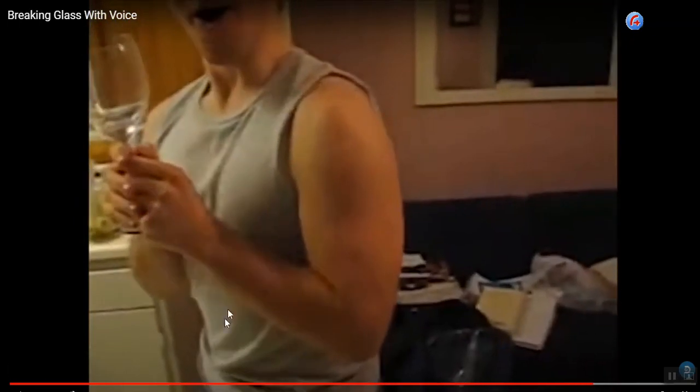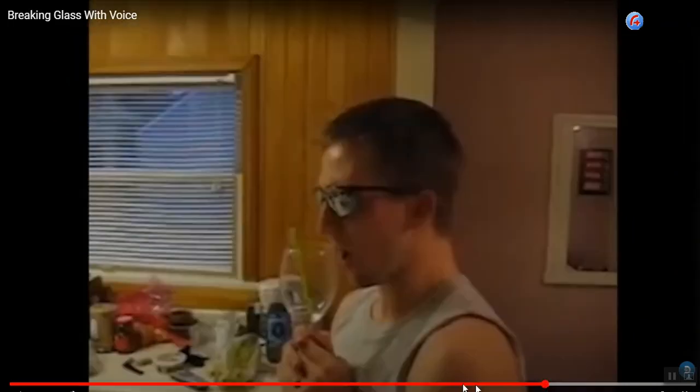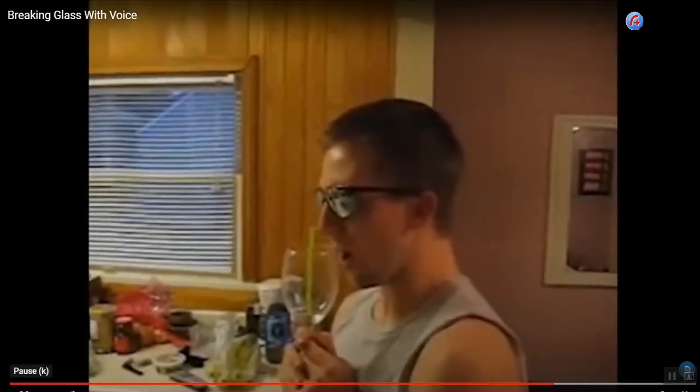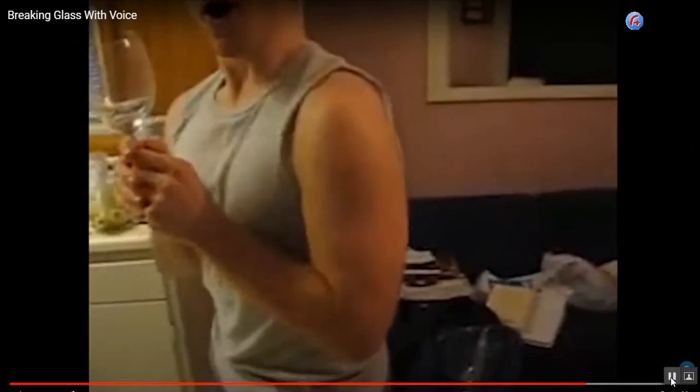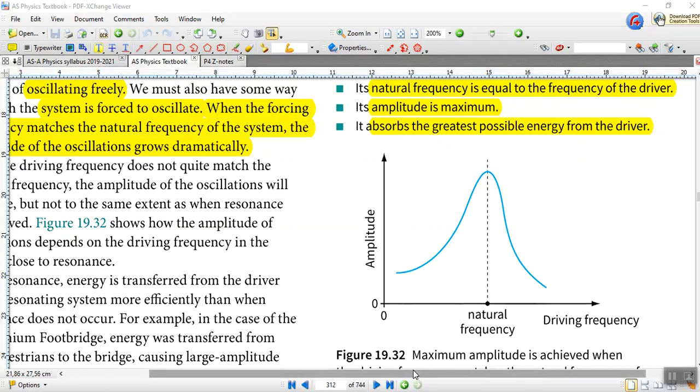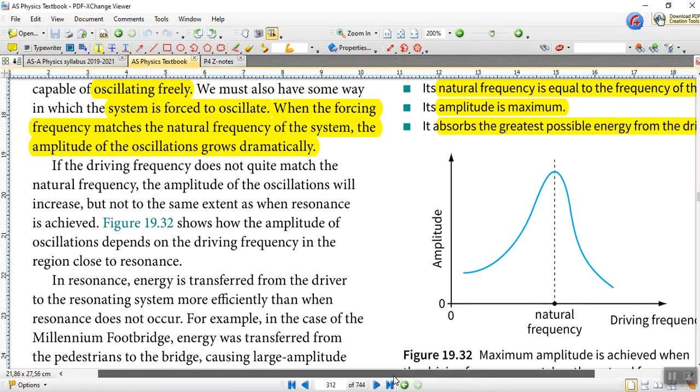Okay, and as you guys could see there, what happened was when you reach a certain frequency, the glass breaks. So in order for this to happen, guys, every object has a natural frequency. There must be a few things.